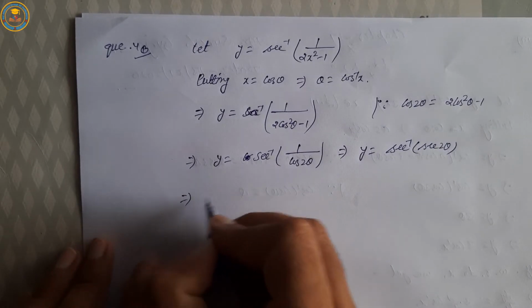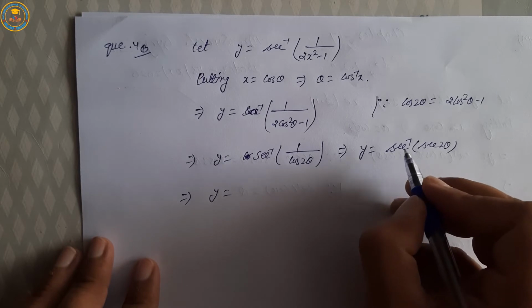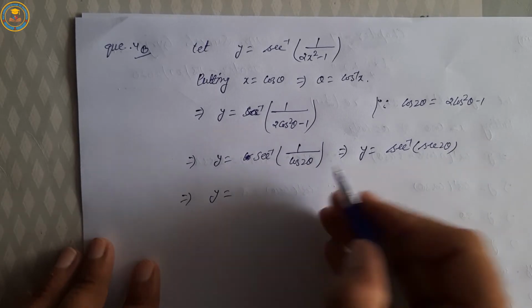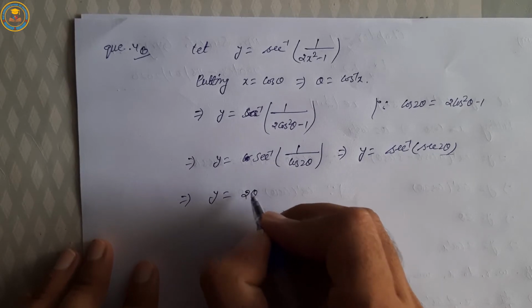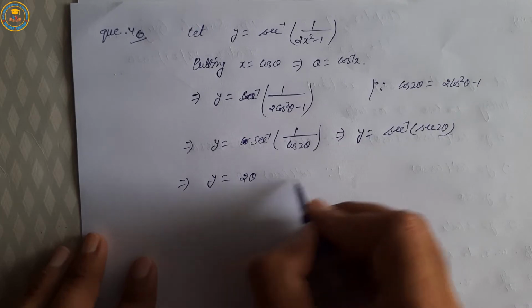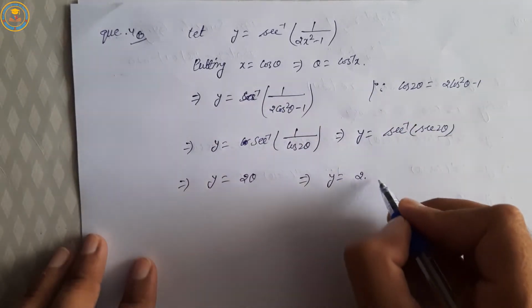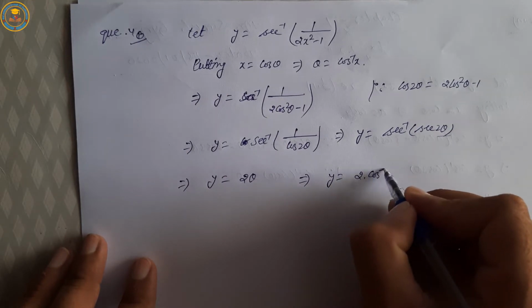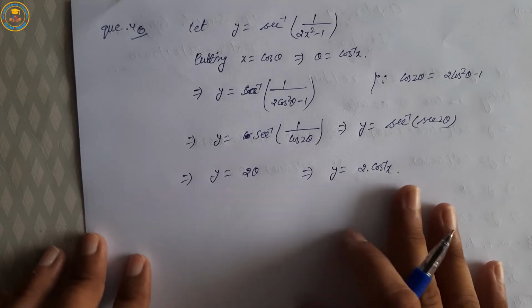Implies y is equal to, apply the formula of sec inverse of sec theta is equal to theta. It means y is equal to 2 theta, implies y is equal to 2 into theta, which is cos inverse x.